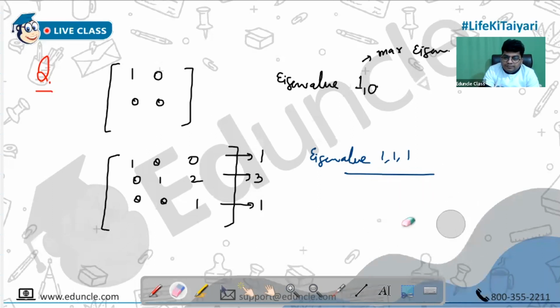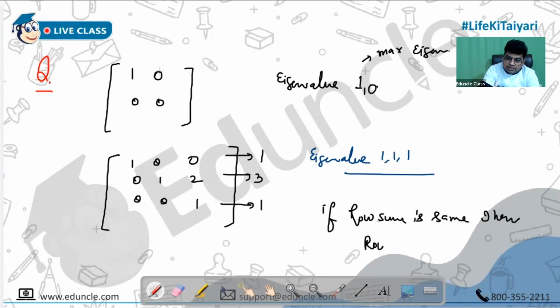Wait. If the row sum is the same, then the row sum is one of the eigenvalues. If the row sum is the same, then the row sum is one of the eigenvalues.